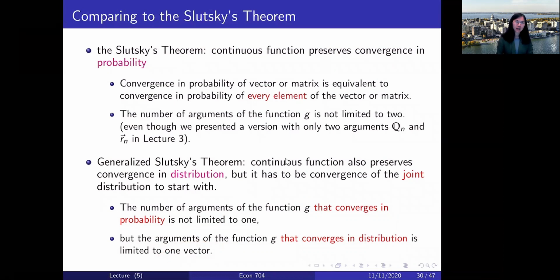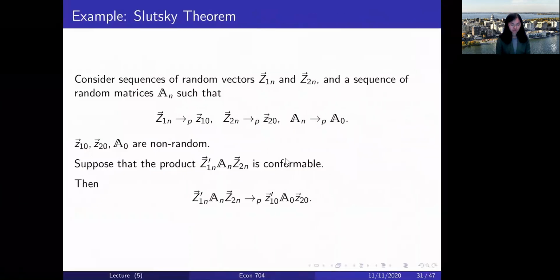Just to demonstrate what I mean, because this might be very abstract, I will give you an example. Let's consider an example of both the Slutsky theorem and the generalized Slutsky theorem. Consider a sequence of random vectors. You have Z1n and Z2n, both random vectors, and also a random matrix An.